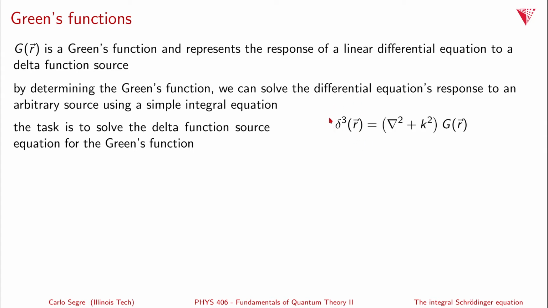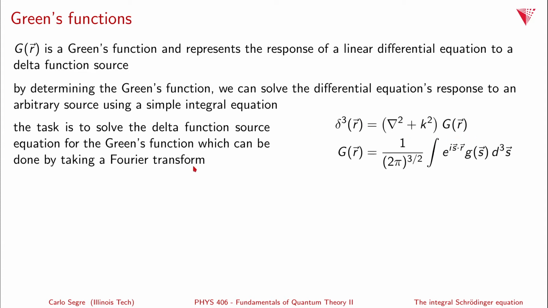So the delta function source is equal to del squared plus k squared applied to g of r. We can solve this by taking a Fourier transform. Let's assume that g of r is a Fourier transform of another function, lowercase g of s.